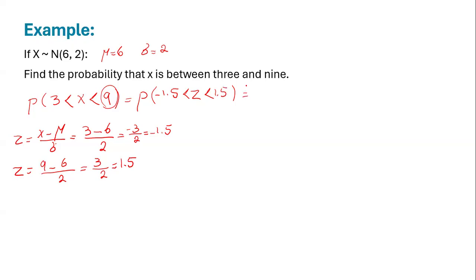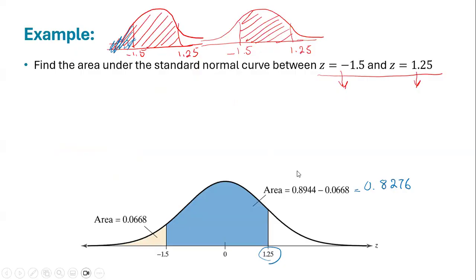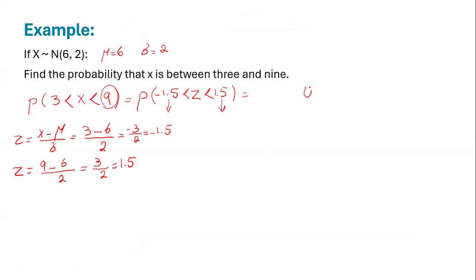We use the z-table to find two numbers, one for the area under the curve for 1.5, and one for the area under the curve for negative 1.5. And then we subtract these numbers. If I go to the previous example, I have the area for negative 1.5 here, which is 0.0668.